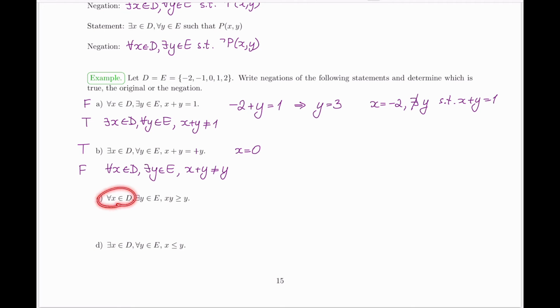If it's for all x, that means I have to go through all of them one at a time. So if I choose x to be -2, is there a y so that the product is going to be greater or equal than y itself?